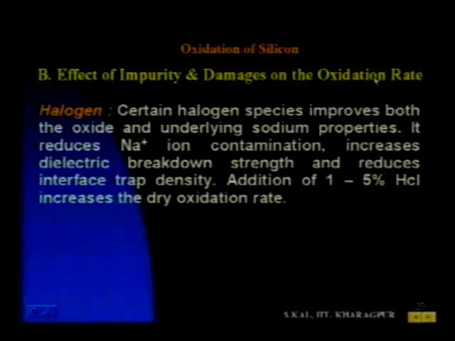Here one important point I would like to mention is, if a little amount of chlorine is introduced during the oxidation process, particularly dry oxidation, then what will happen? If there is sodium contamination, that sodium and chlorine will react together and form sodium chloride, which will not remain as an ion.